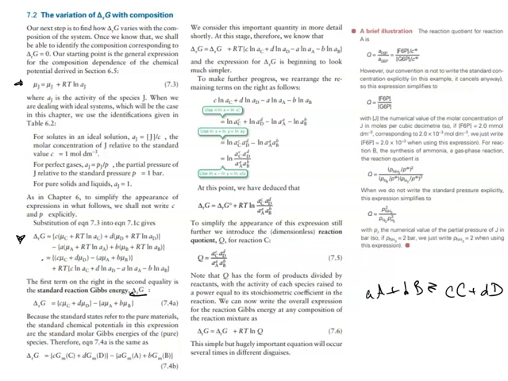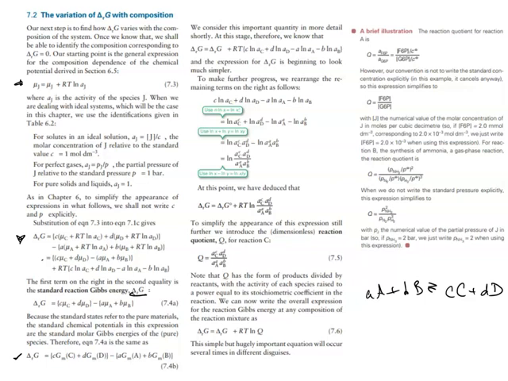Because the standard state refers to pure materials, the standard chemical potentials in this expression are the standard molar Gibbs energies of the pure species. Therefore, equation 7.4a is the same as the following, where the standard reaction Gibbs energy equals the following. We shall consider this important quantity in more detail shortly.